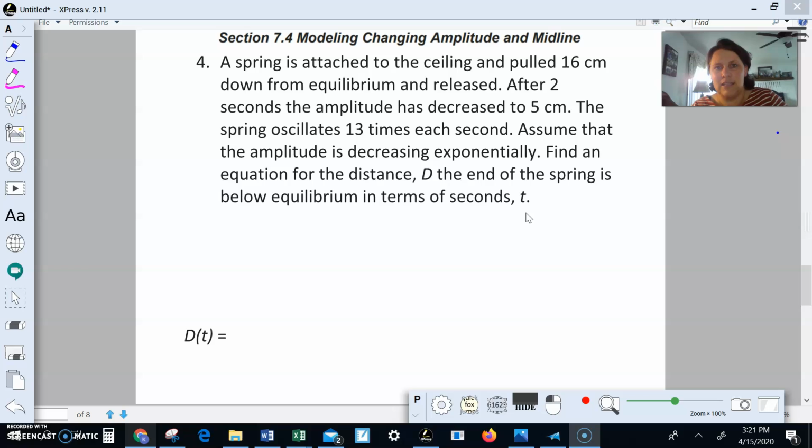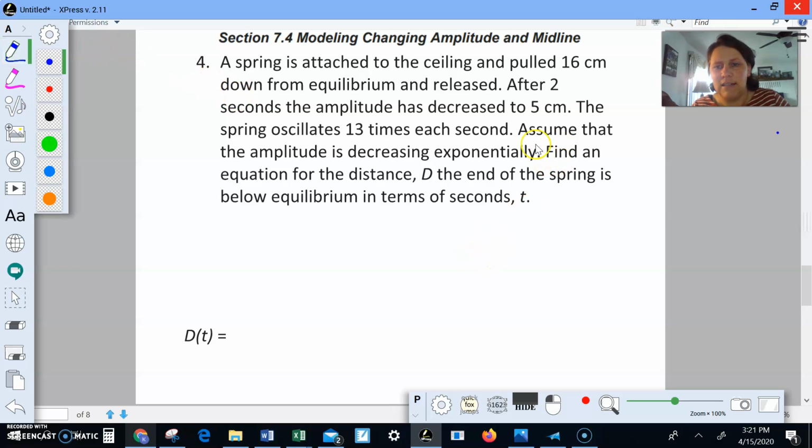All right, this can be a little bit overwhelming when you first read this whole story problem, but let's break it down little by little and we will go from there. First thing I'm going to pick out of this is that it says assume that the amplitude is decreasing exponentially.